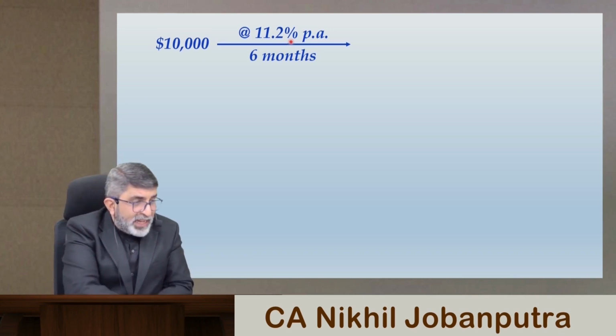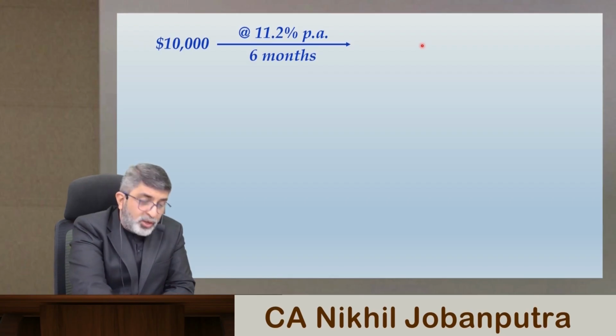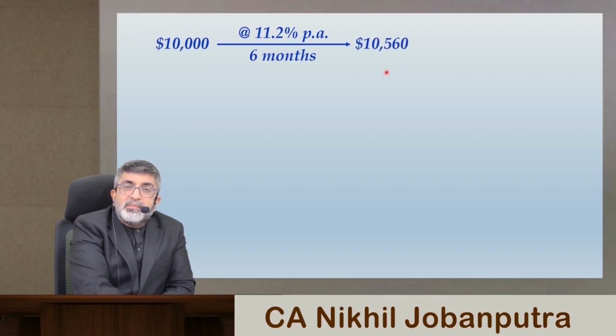So I will simply add 5.6% to $10,000 and I'll get the maturity value after 6 months. 5.6% added to the initial principal of $10,000, the maturity value at 6 months will become $10,560.